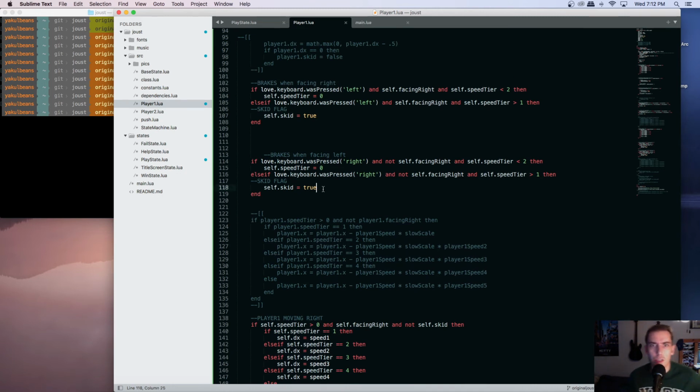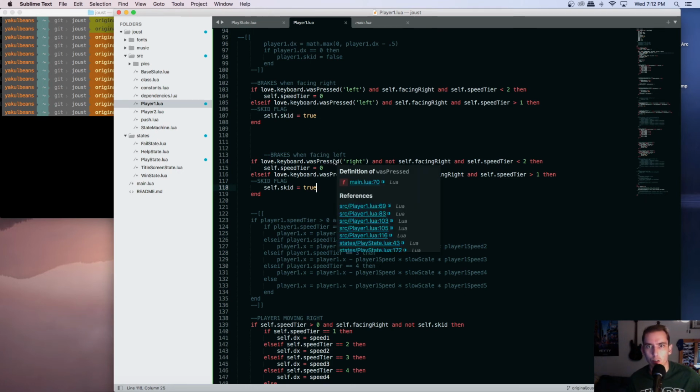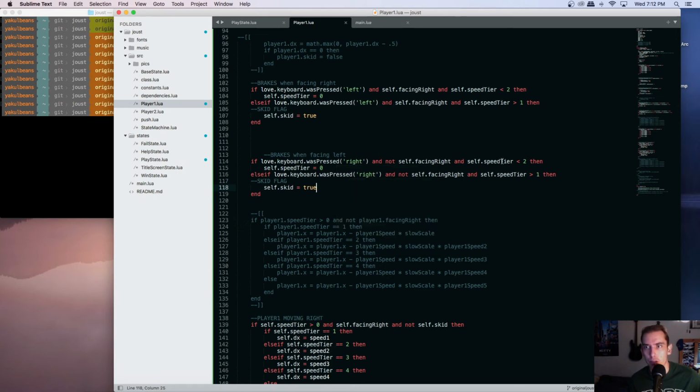And it should be... I mean, I've got the same logic, where I'm saying if the button was pressed and it's facing the right direction and its speed tier is less than 2, then if it was pressed and it's facing left and speed tier is greater than 1, skid flag gets true.